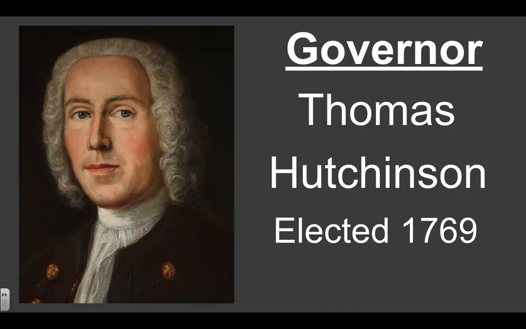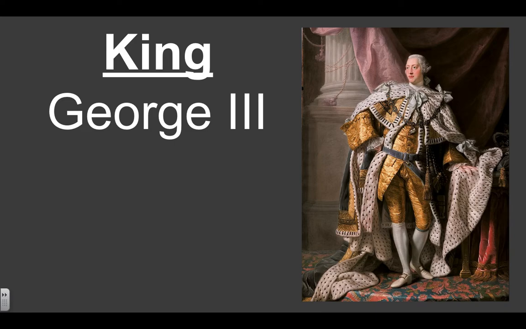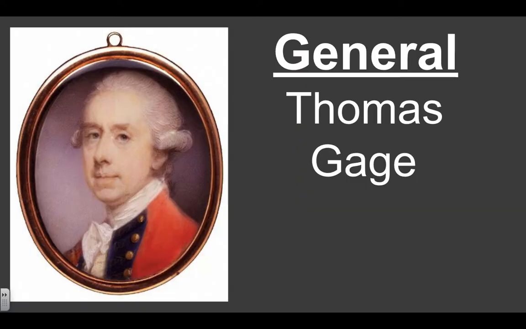Next major tension moment, May 1774. The current governor of Massachusetts was Governor Thomas Hutchinson, who had been in office since 1769, shortly after the French and Indian War. But then King George III, seeing that there was some rising tension in Massachusetts, sent over General Thomas Gage.